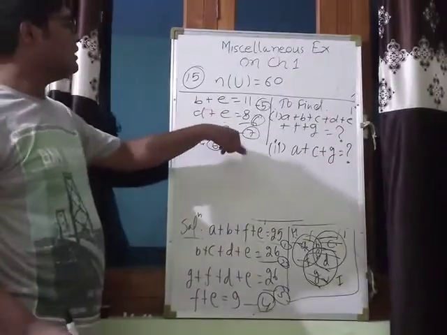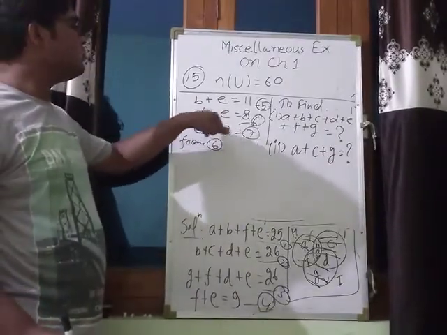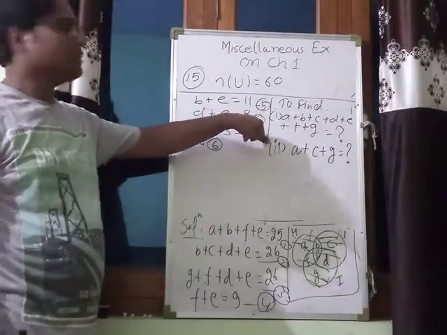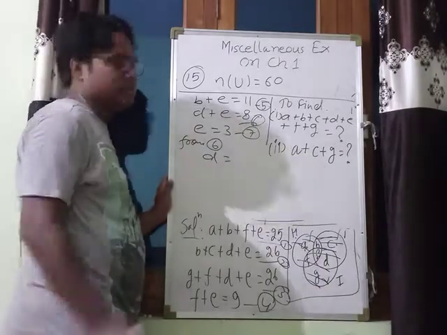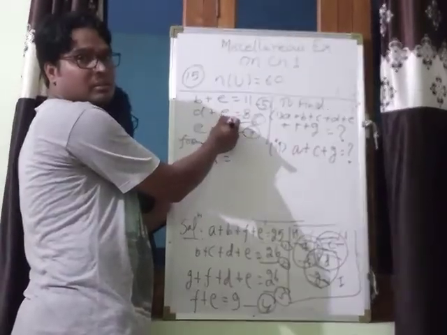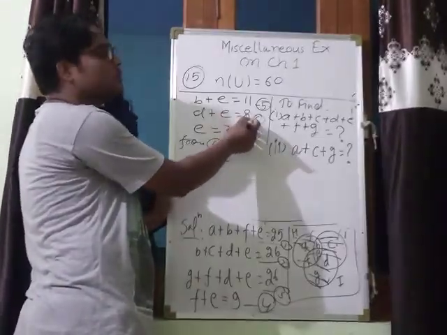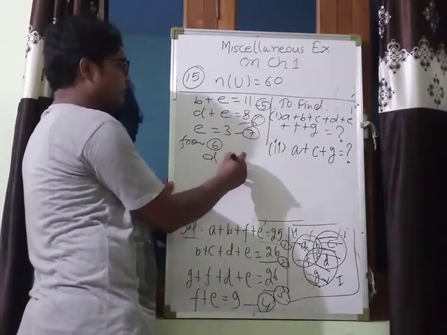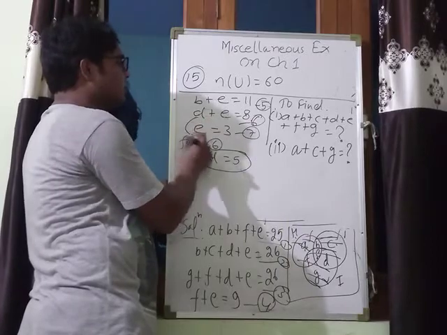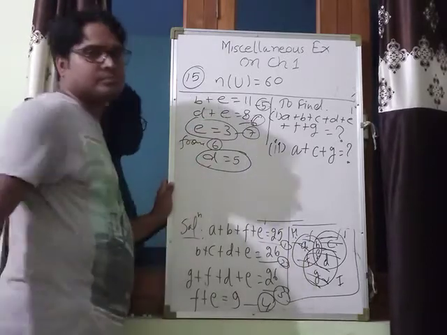Put the value of E here, 3. Then D plus 3 is equal to 8, so the value of D is 8 minus 3, that is 5. This is the value of E, and that is the value of D.